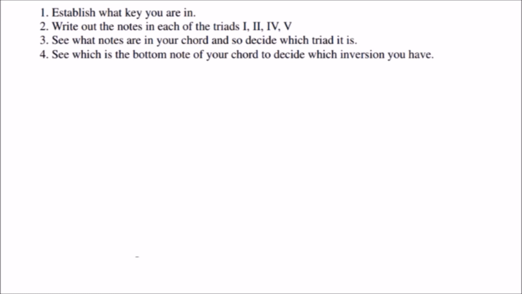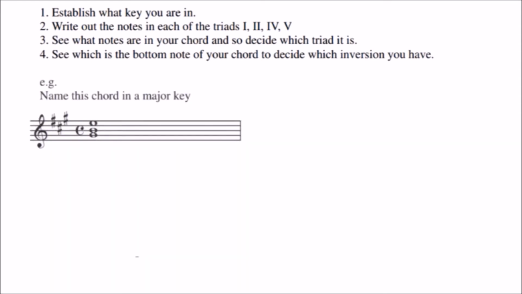Let's try an example and apply the above points. Can you name this chord in the key of A major? The first point was to establish the key, but we're already given that the key is A major.